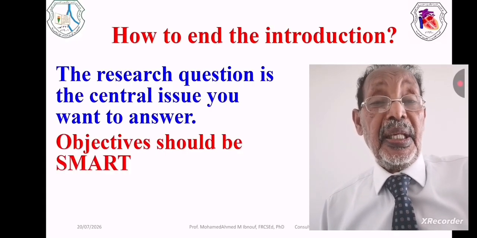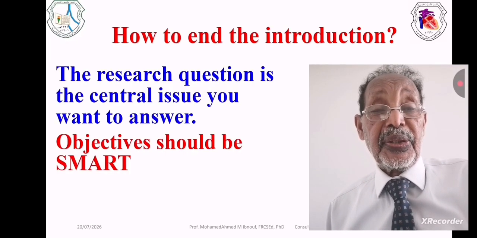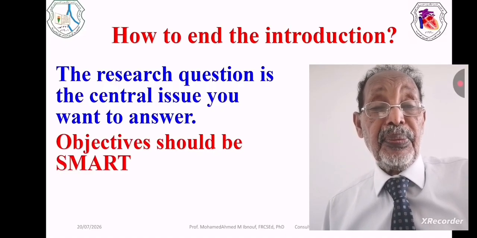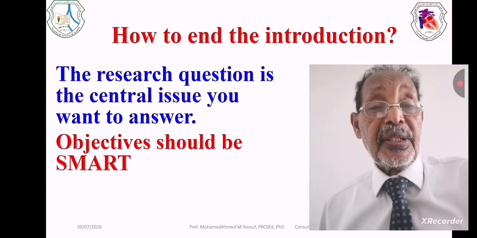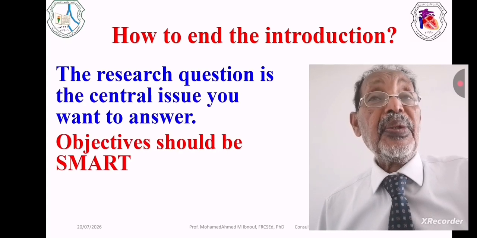Now we are coming to the end and how to end writing the introduction. The research question should be written clearly. It is a central issue that the study is going to answer, and the objectives should be SMART.